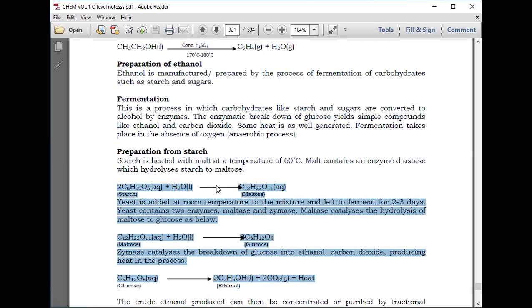We have three enzymes that participate in preparation of ethanol from starch. Write these three equations only. Then on the first equation, you put the enzyme on the arrow, and the enzyme we have said and agreed is diastase.